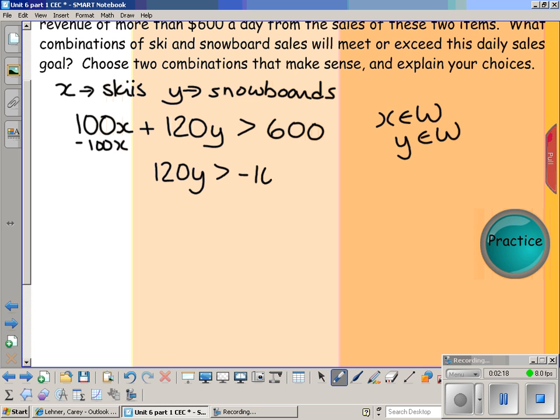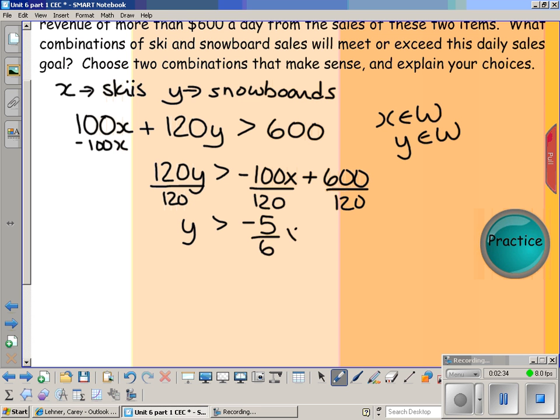We will have minus 100x plus 600, and then we divide by 120. And we get y greater than negative 5 over 6x plus 5.